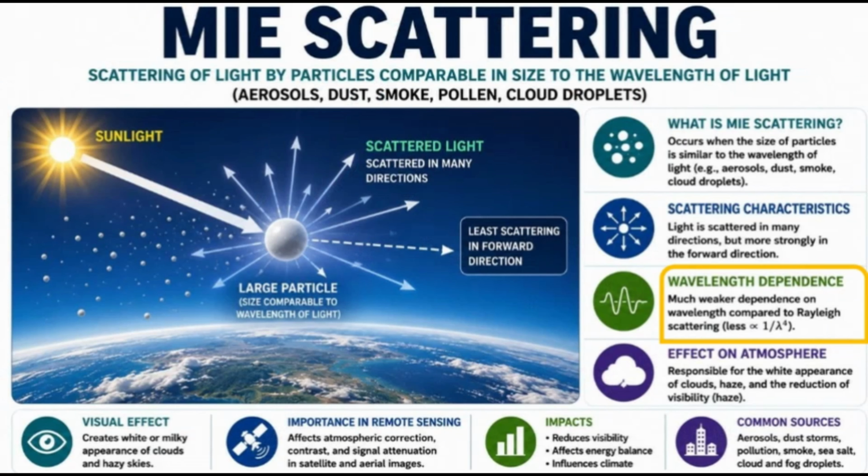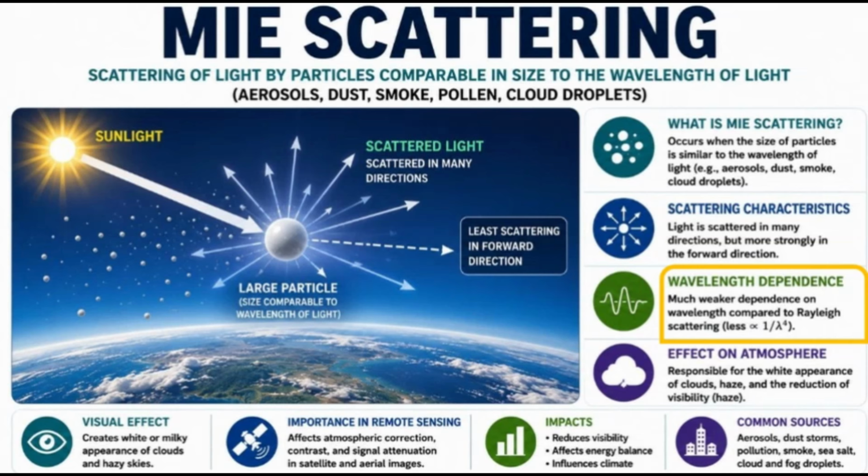Unlike the Rayleigh scattering, there's a much weaker dependence on wavelength, and this has effects on the atmosphere. For example, it is responsible for the white appearance of clouds, for the appearance of haze, and the reduction of visibility due to haze. And so it creates the white or milky appearance of clouds and hazy skies.